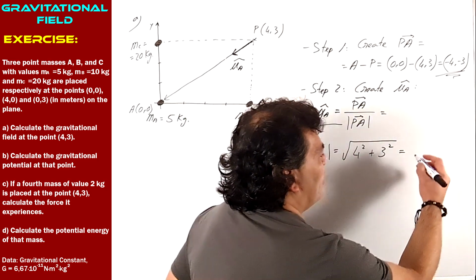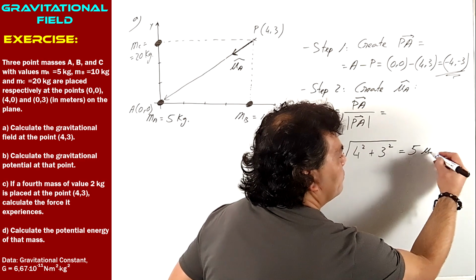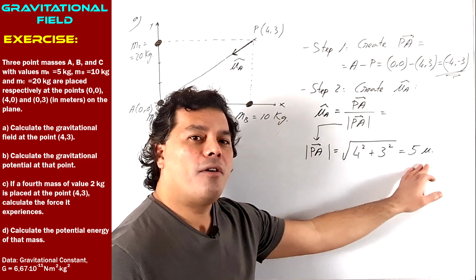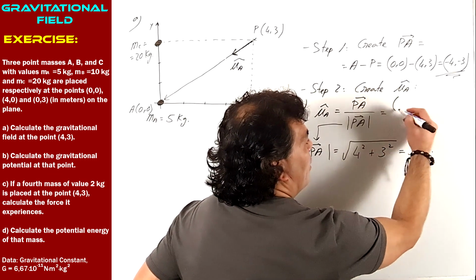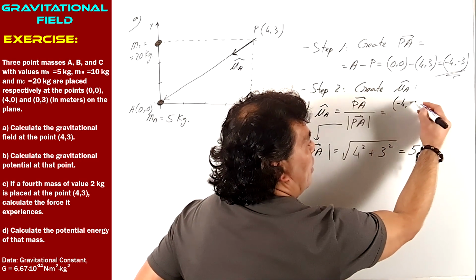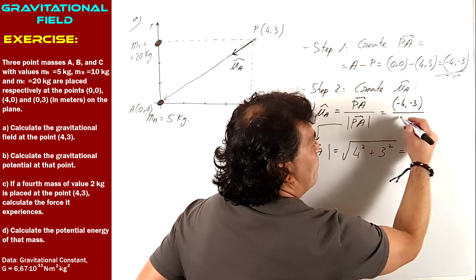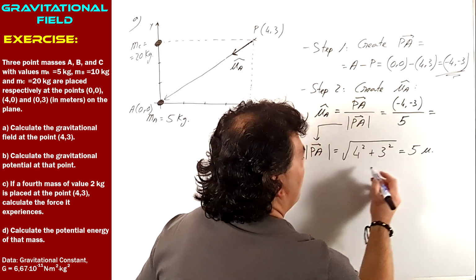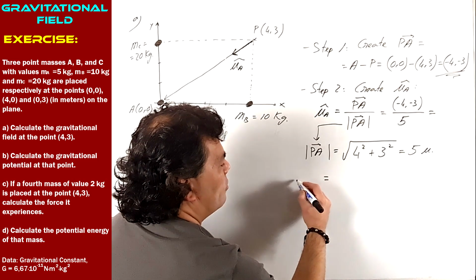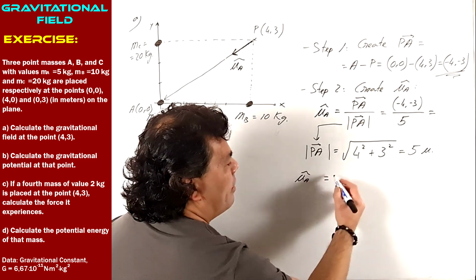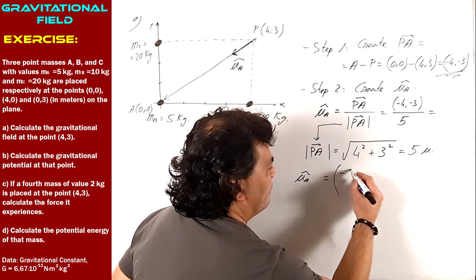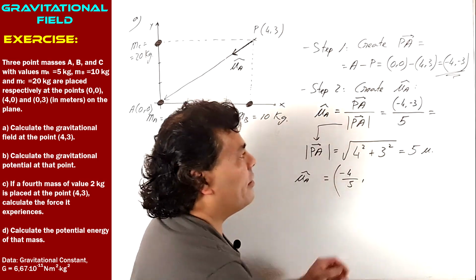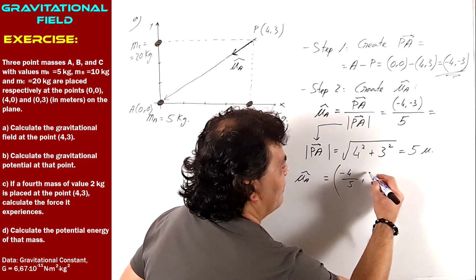The square root is 5 units, the magnitude of this vector. So there comes vector U sub A, (-4, -3) divided by 5. And here we have our vector U sub A, that is -4/5 and -3/5.